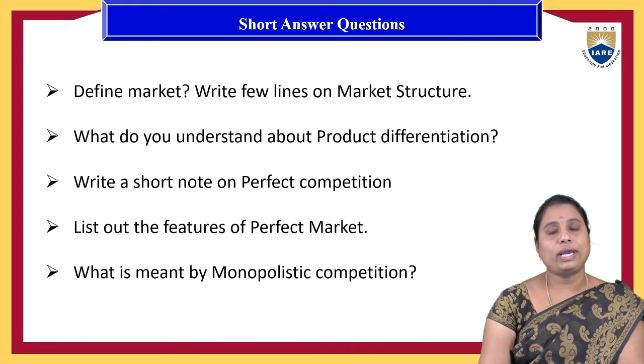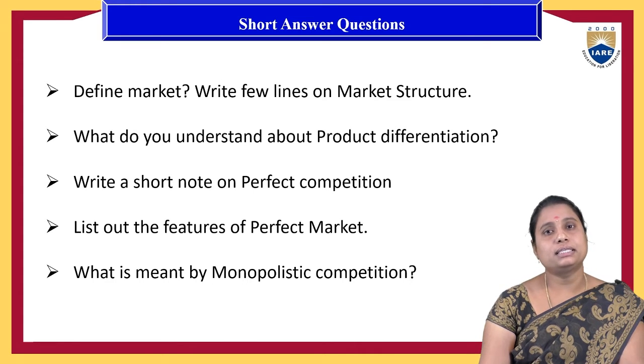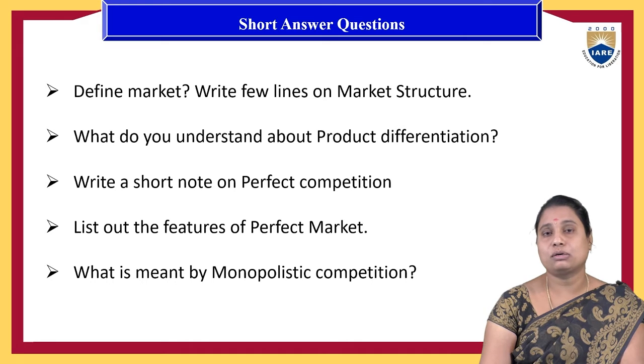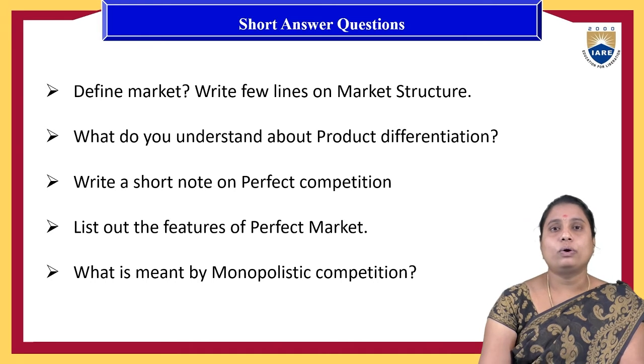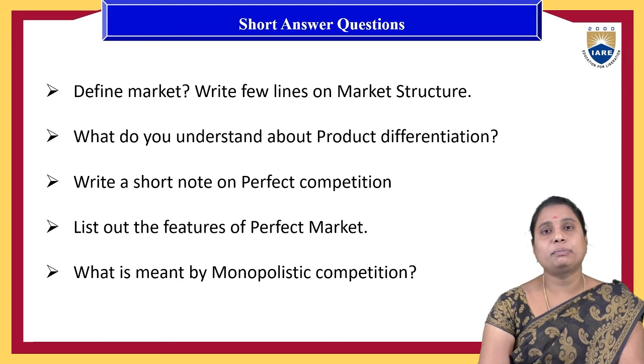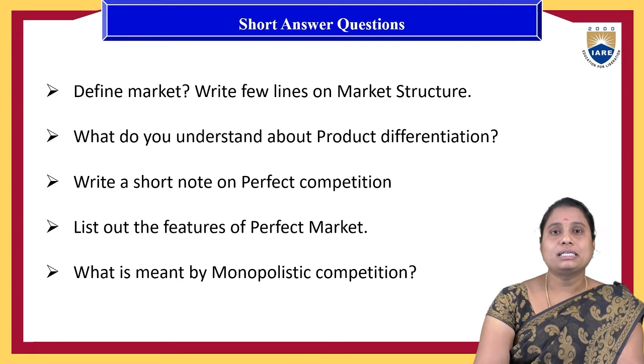A place where the buyer and seller meet is called the market, so that the buyer's needs, wants, and desires are satisfied with the value-created product by the seller. Here the product might be a good or a service.